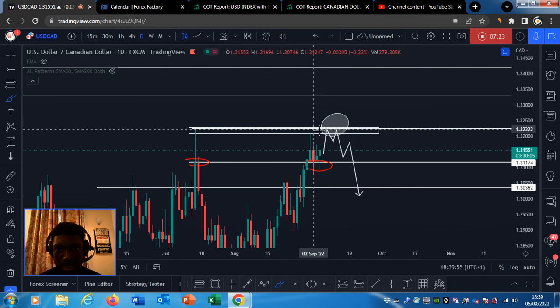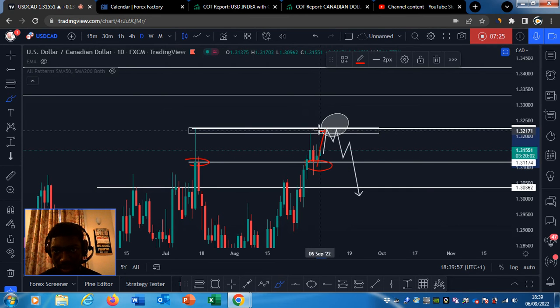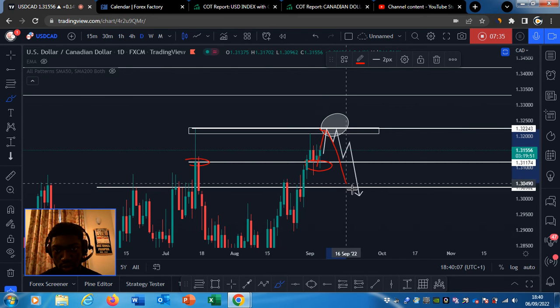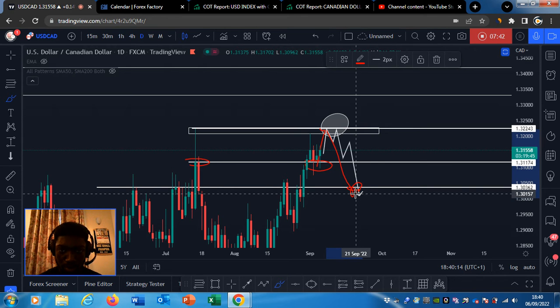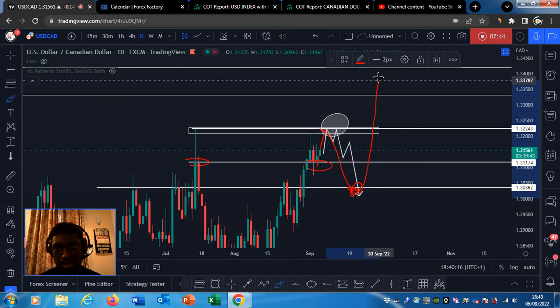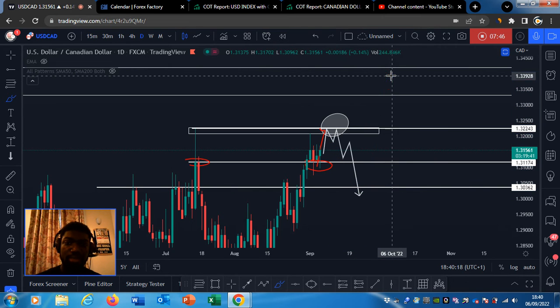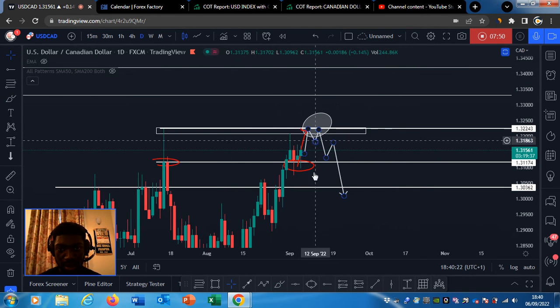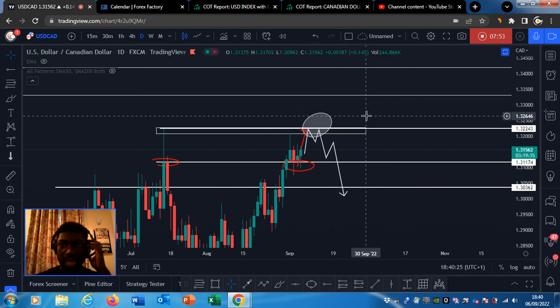So I'm expecting price to continue to the upside to touch the 1.3300 price range before we can maybe see a drop to the weekly neckline, the weekly resistance, the weekly support zone, before a change in direction to the upside to confirm and fully complete this bullish cycle that we have on USD CAD.